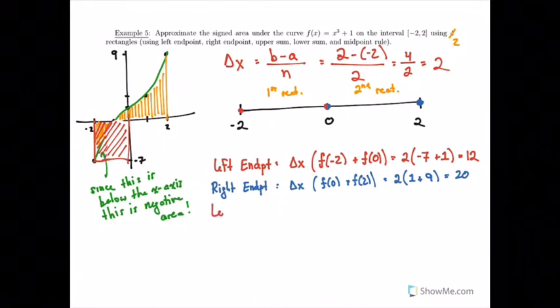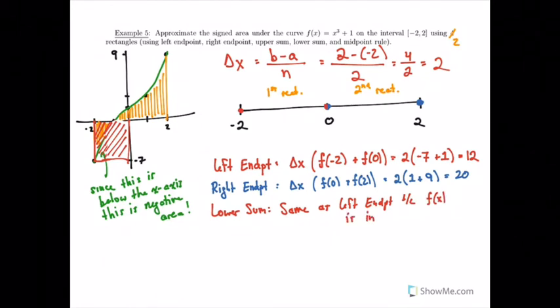For the lower sum, this is actually going to be the same as the left endpoint, because f is increasing.